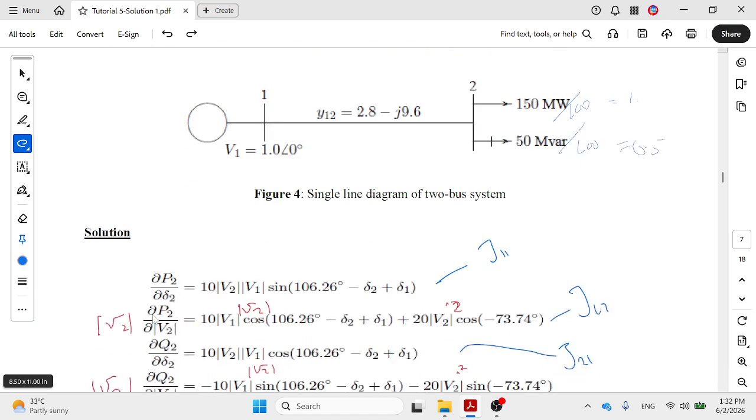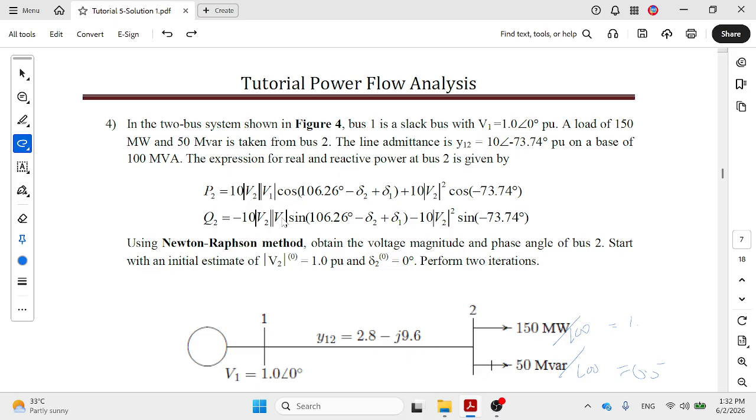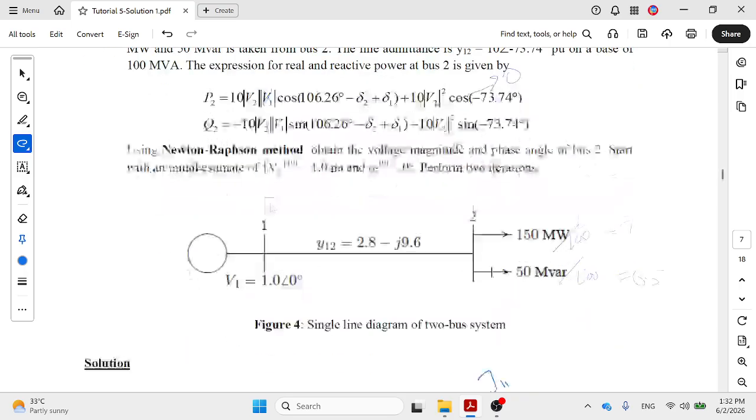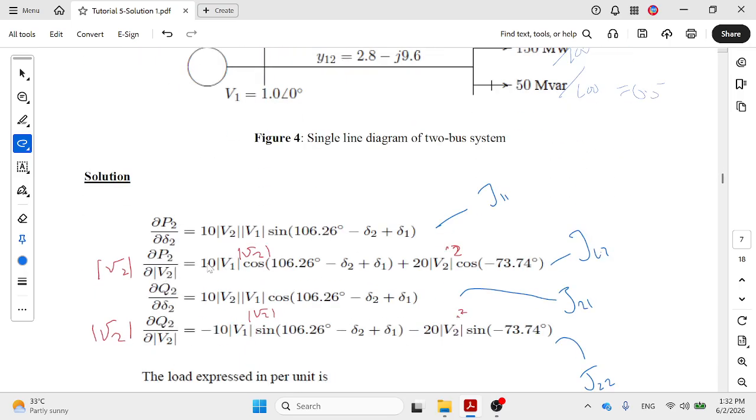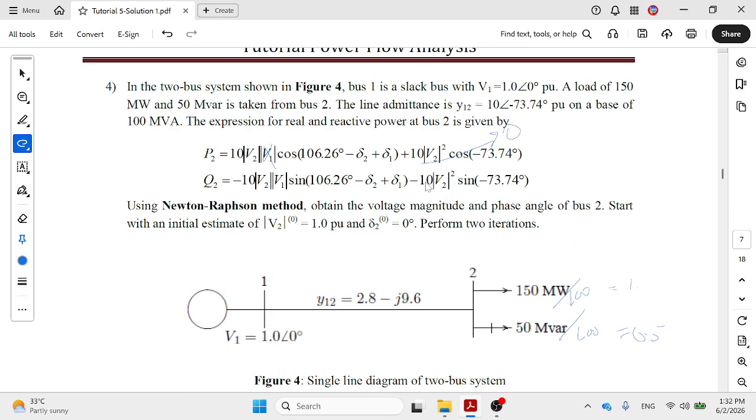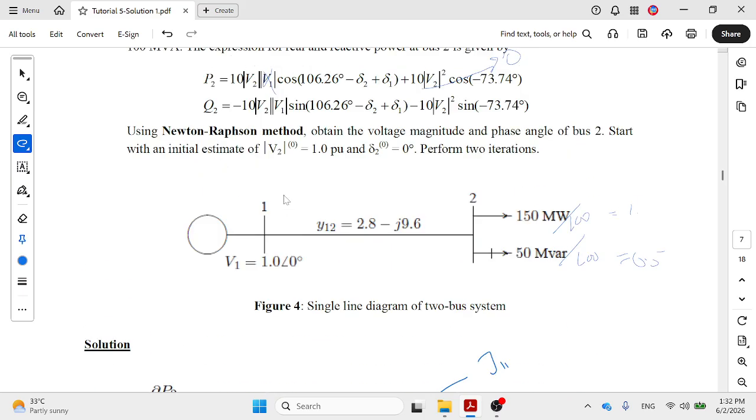In the case of the next one, which is round P2 over V2, we should find it as a round of V1. Here we have V1 again, here is 0 since there is no V1, so you can ignore this one, and the final value is 10 V1 V2. Sorry, I think we should divide by V2, not V1, since V1 is constant.